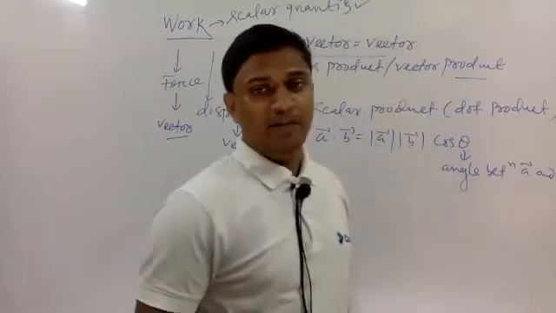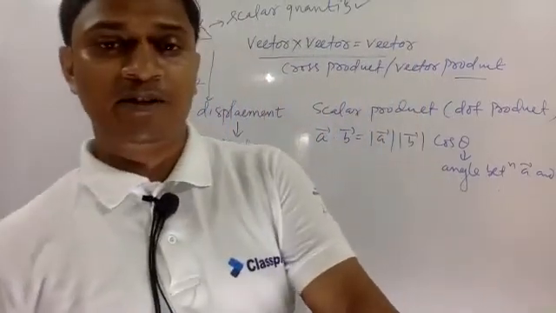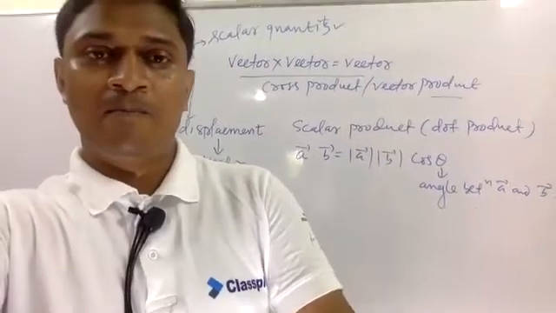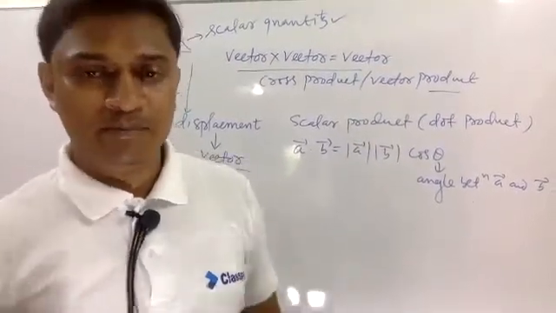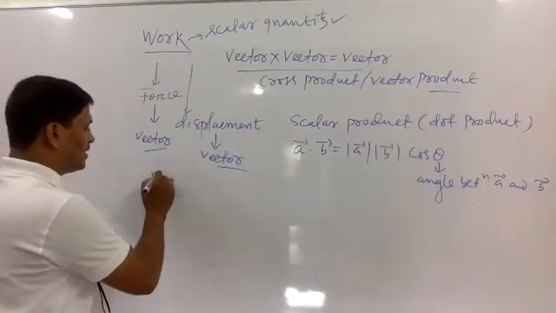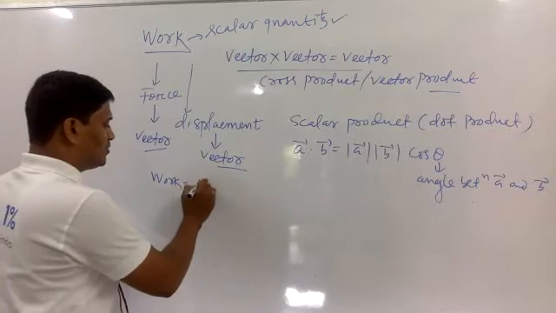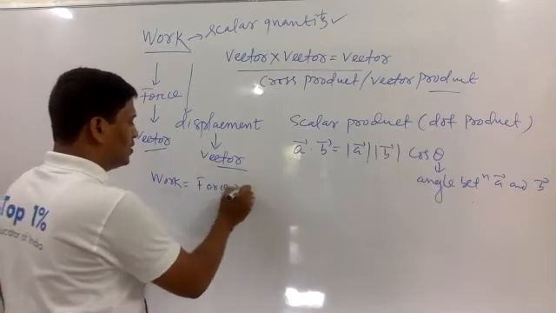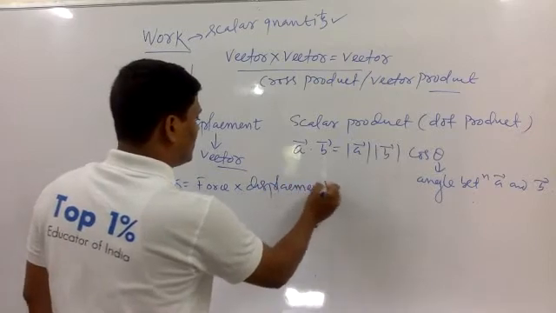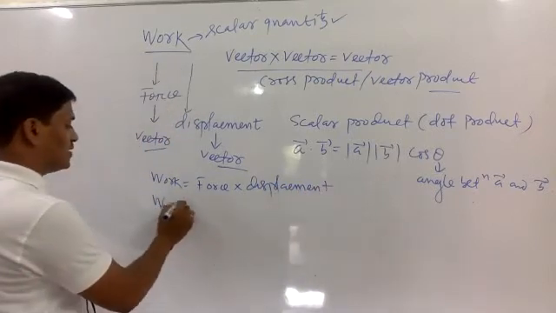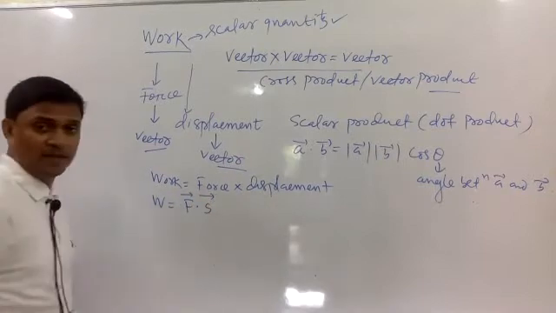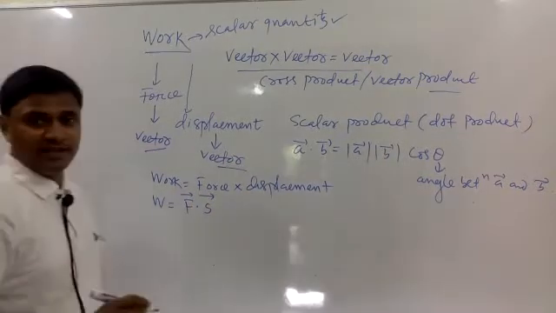Understood? So here I can write work is equal to force into displacement, and W is equal to F dot S. Force is a vector quantity, displacement is a vector quantity, but work is a scalar quantity.